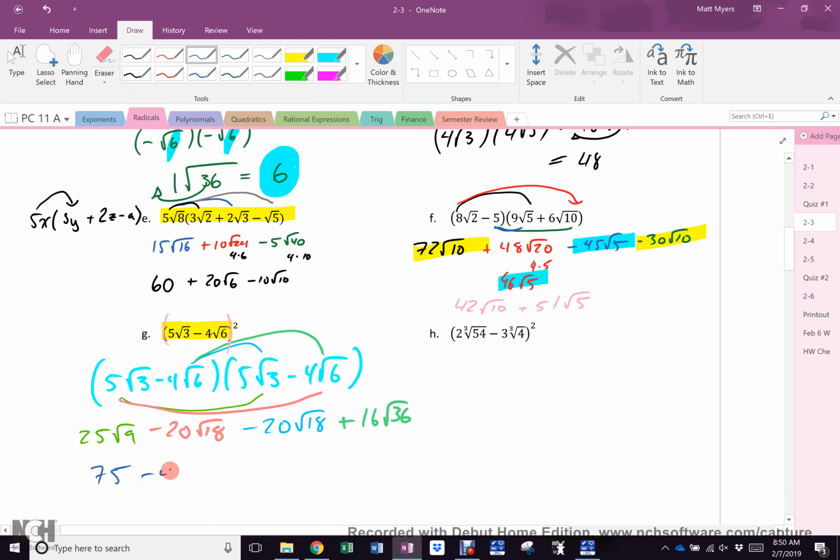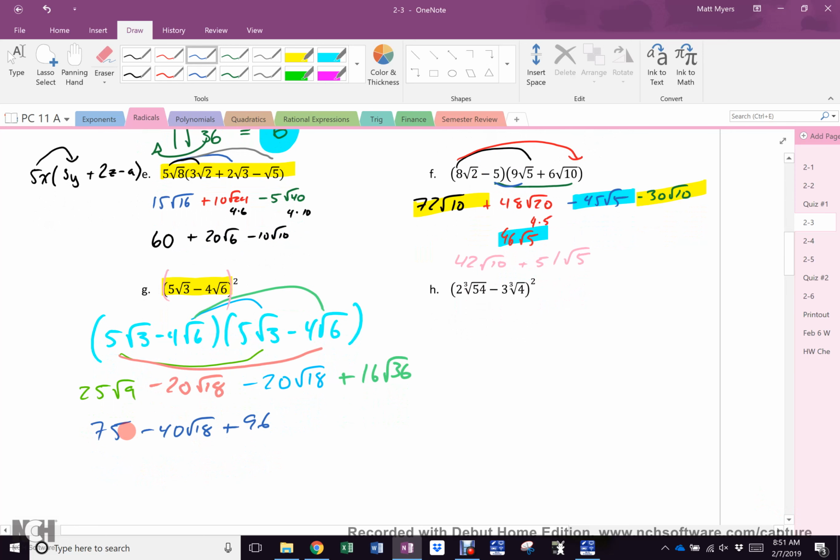That is minus 40 root 18 plus 96. 75 and 96 is 171. That is 9 times 2 minus 120 root 2. What about here? That's really confusing looking, is it?